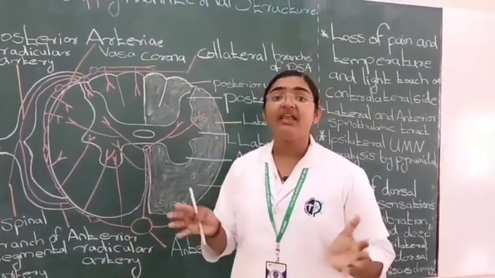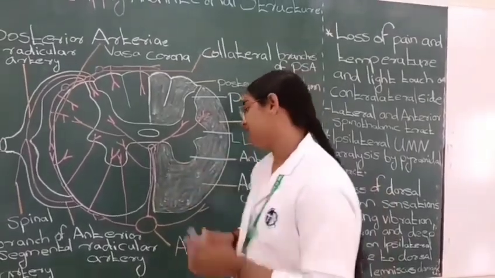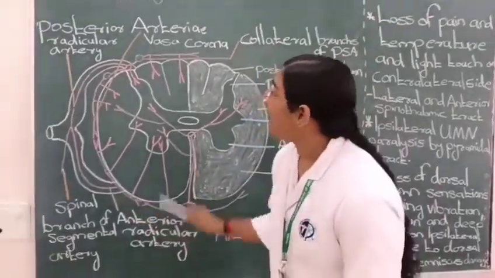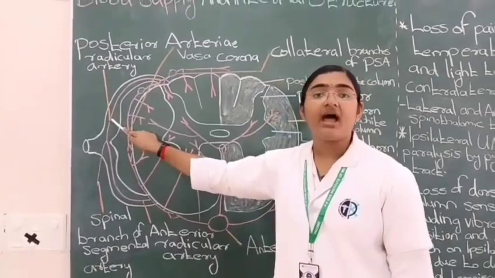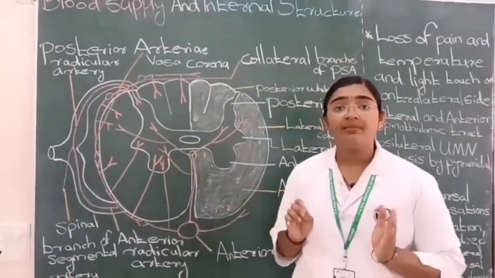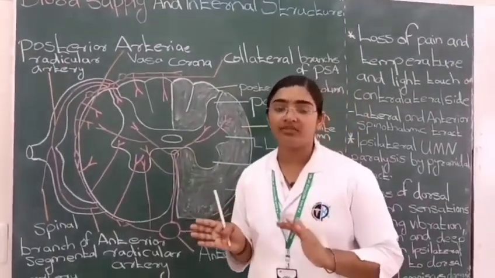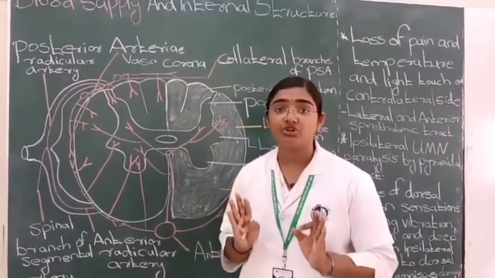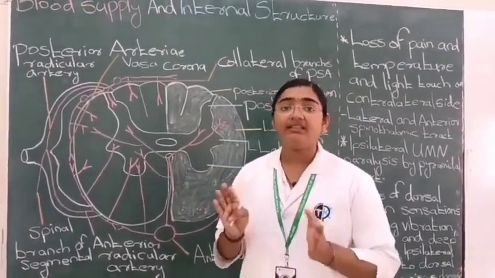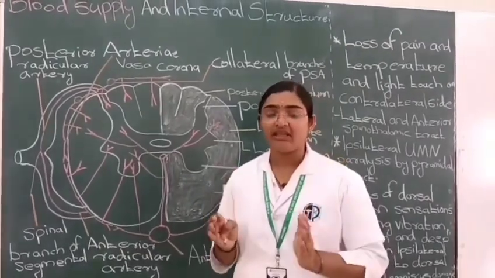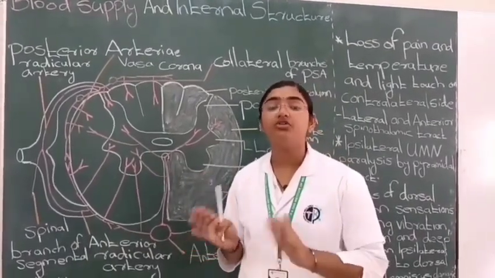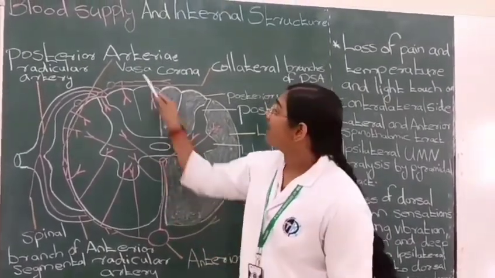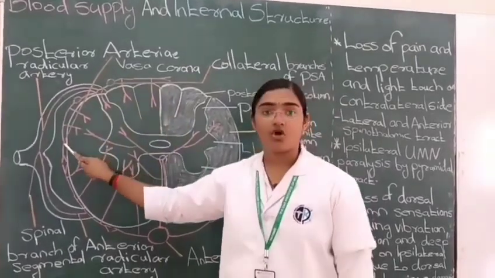These arteries enter the spinal cord as anterior and posterior radicular arteries along with the respective spinal nerve roots. These arteries reinforce to form 5 longitudinal arterial trunks. And these 5 longitudinal arterial trunks communicate with the spinal cord to form the arteria vasa corona.